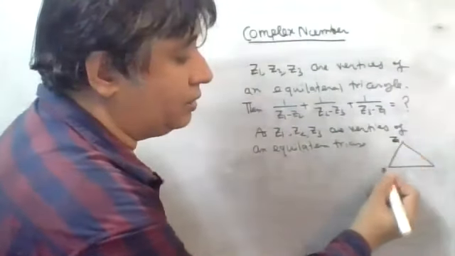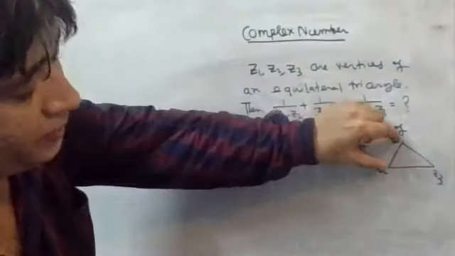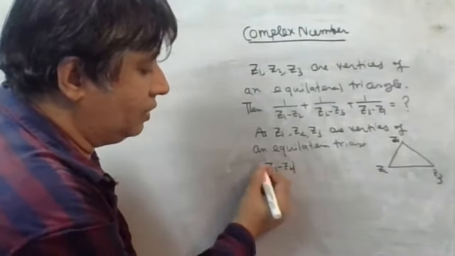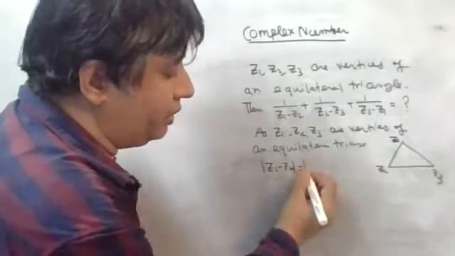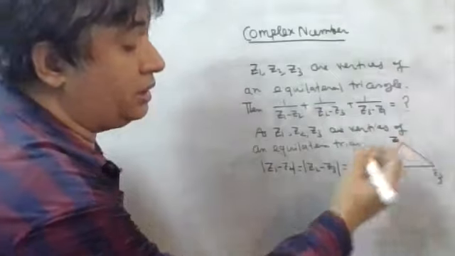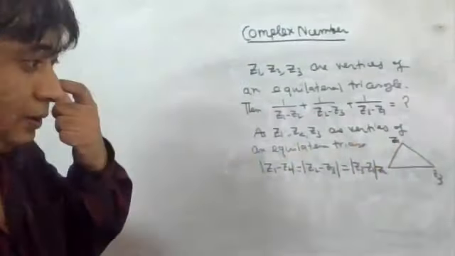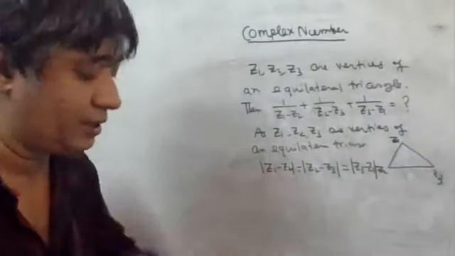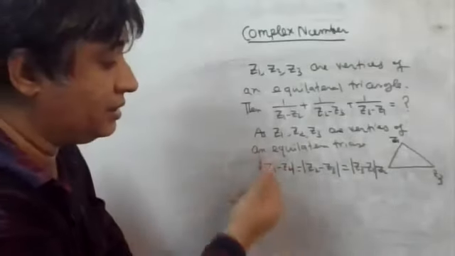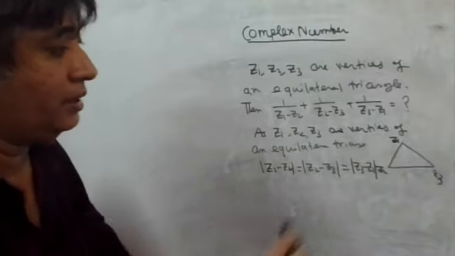This is Z1, this is Z2, this is Z3. Means the distance between Z1 and Z2 is equal to the distance between Z2 and Z3 is equal to the distance between Z3 and Z1.